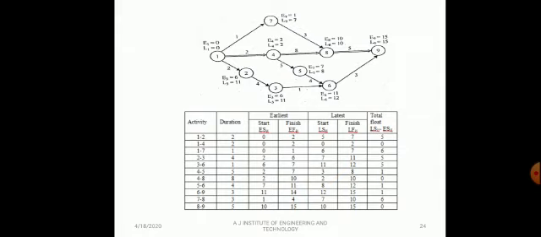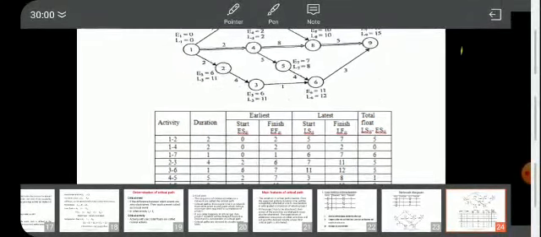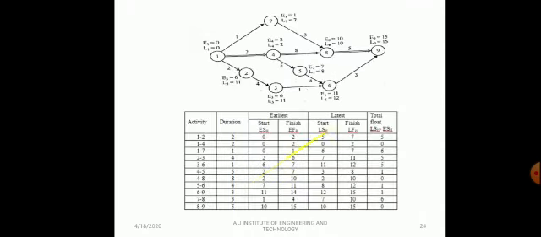Finally, 11 plus 3 is equal to 14 here. And at the 8th node, 10 plus 5 is equal to 15. But you have considered the maximum one.